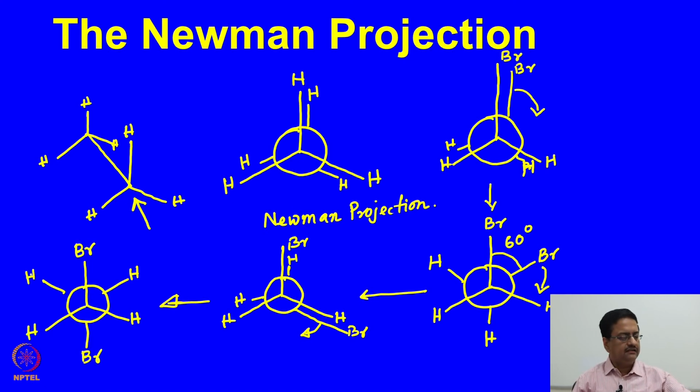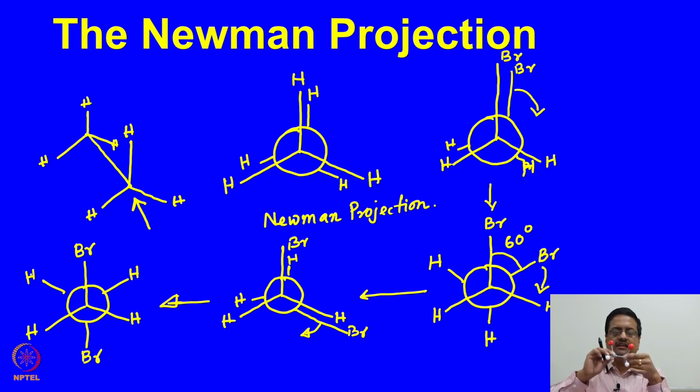What we have learnt now is to draw different conformations of a molecule using Newman projection, and when you rotate the atom about a bond, you get different conformations. These are different conformations of 1,2-dibromoethane, and they are interconvertible without breaking or making any bond.